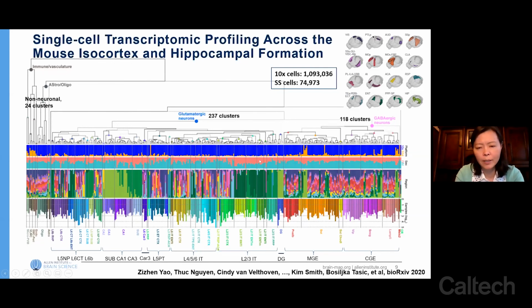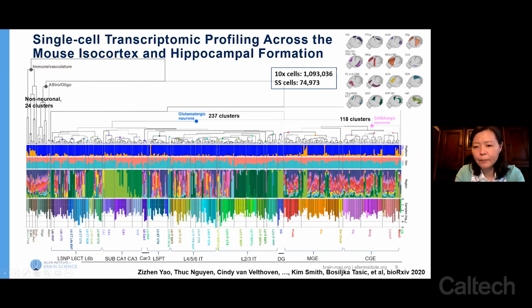And the final level is the terminal leaves, individual clusters. Our work is mainly focused on neurons, and we have a limited profiling of non-neuronal cells. So in this talk, I will not talk about the non-neuronal cell types in detail at all.